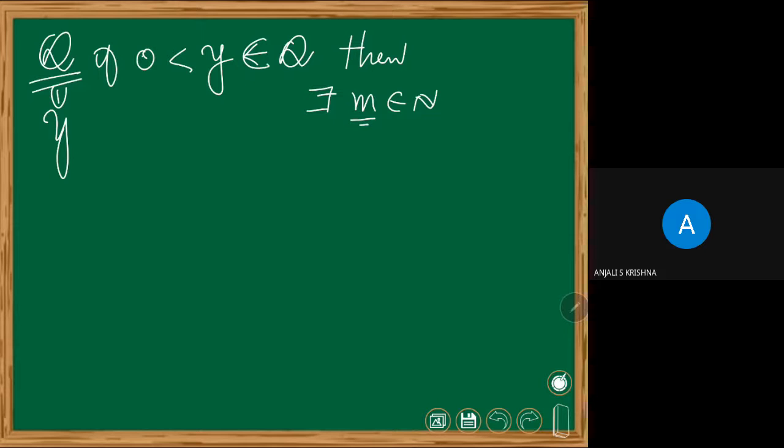Q will allow that. Q is a field, 1 is available, your measurement unit is available. So does there exist m? Can you complete it such that? Can you try, Anjali?